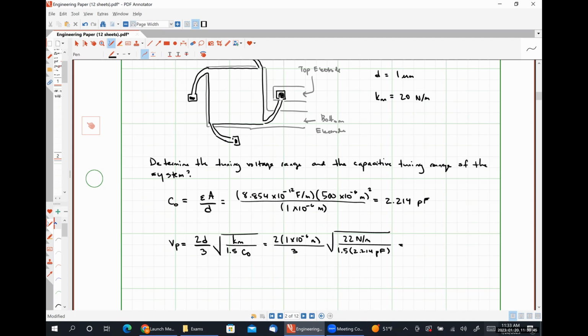And excuse me, this gives us a value of 1.716 volts.